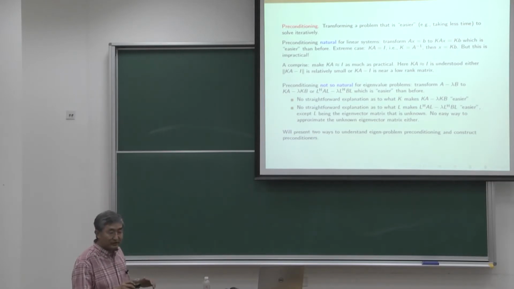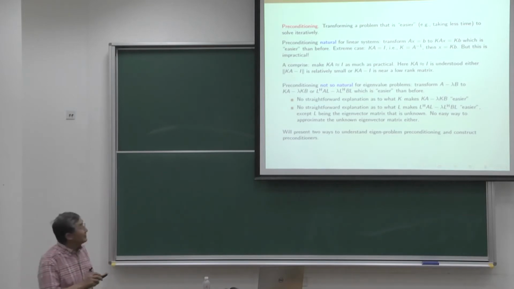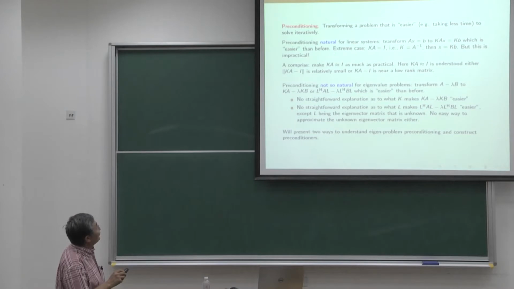You can have the right too, but let's stick to this left-side preconditioner. So KAx = Kb. Then this new system clearly has the same solution, for K that's non-singular. If K is singular, you will change the solution. Especially if K is 0, you change the problem completely.